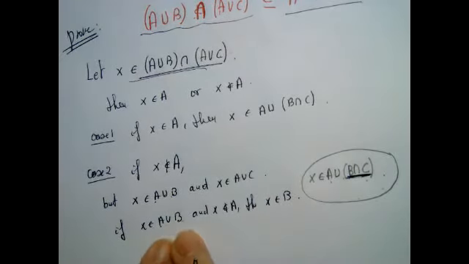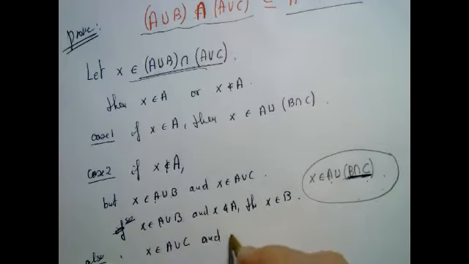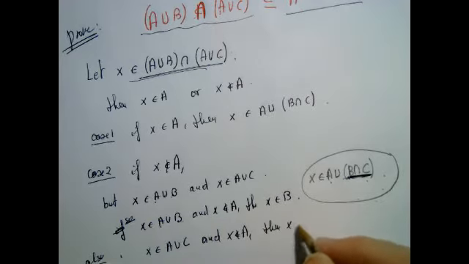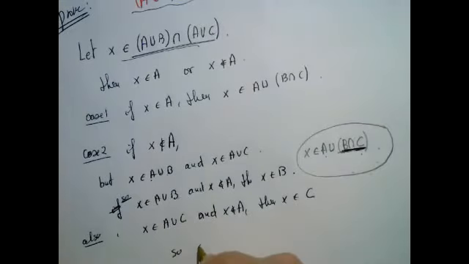So if it misses A, it has to be in B. And also, X is in A union C, and X is not in A, then X has to be in C. So I have X in B and X in C.